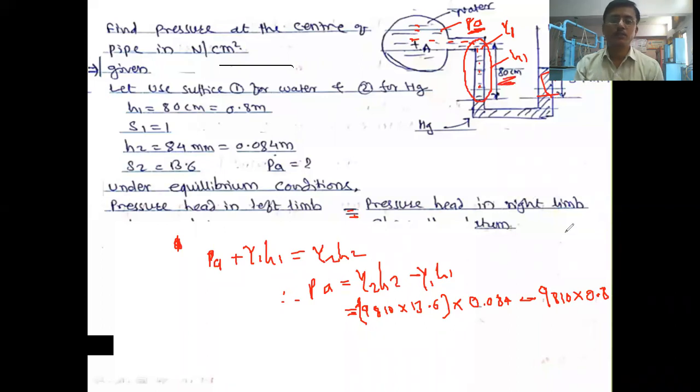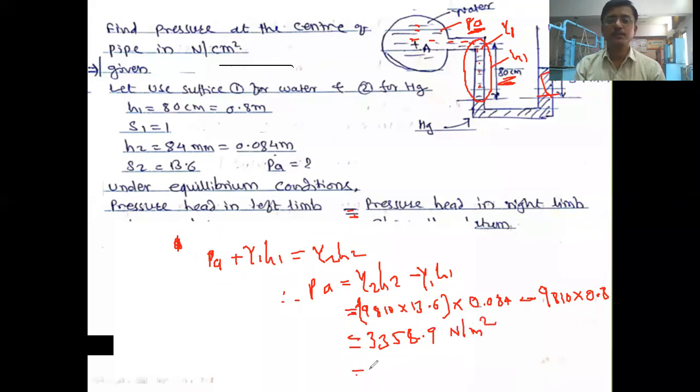So do the calculation and tell me the answer. 9810 into 13.6 into 0.084 minus 9810 into 0.8 is equal to, how much has it come? 3358.94 Newton per meter square.